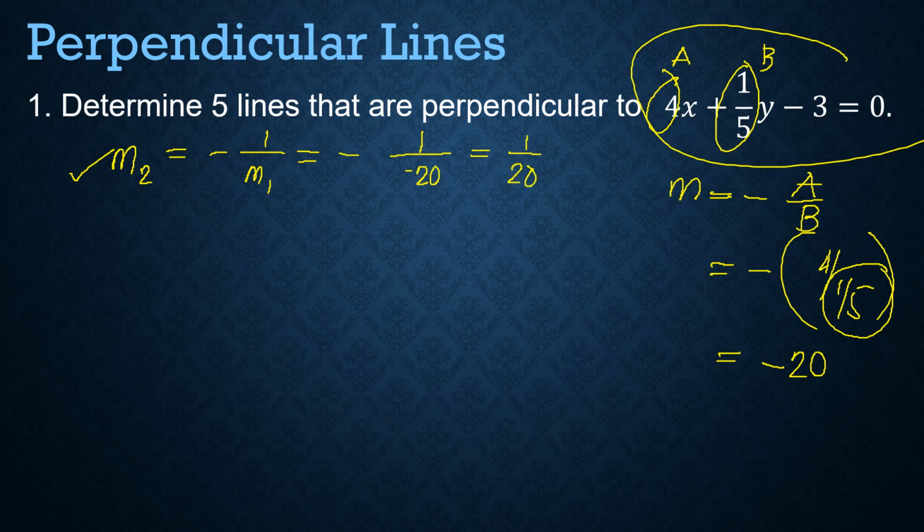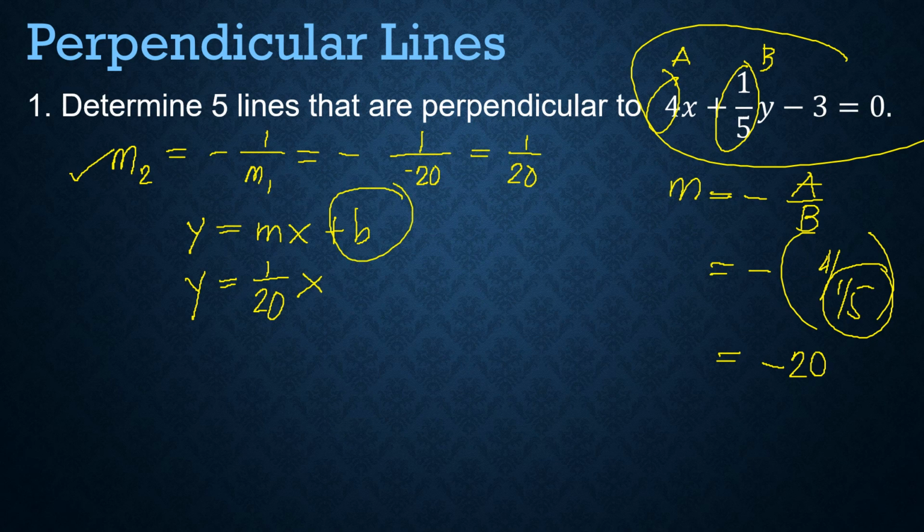Therefore, we can have an equation having a slope of 1 over 20, so we can use y is equal to mx plus b. Let m be equal to 1 over 20, the new slope, and we'll just keep on changing b or any constant. So we can have y is equal to 1 over 20 x, where b is 0. Now we can have y is equal to 1 over 20 x plus 1.